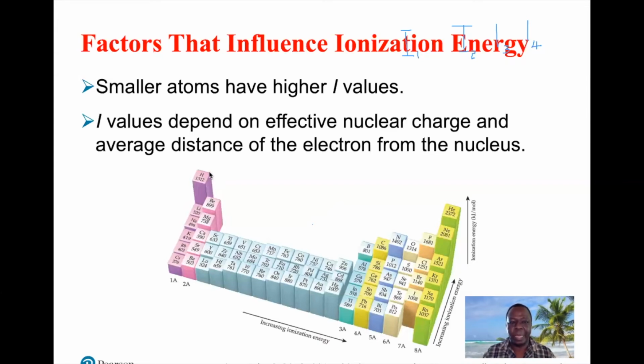Therefore, it's so hard. Now, generally, as you go down a group, this is what we looked at earlier, the ionization energy decreases. And as we go across, does it increase or decrease? So be careful how the questions are framed.